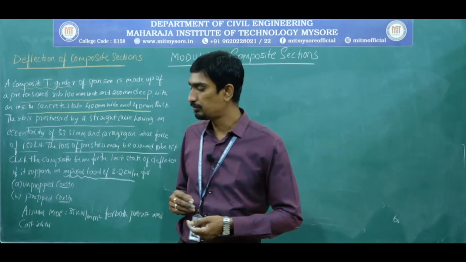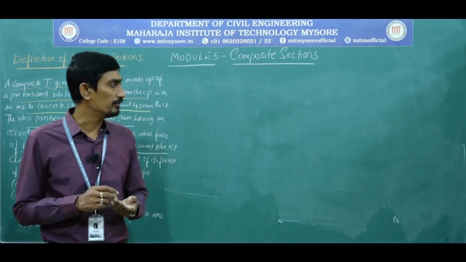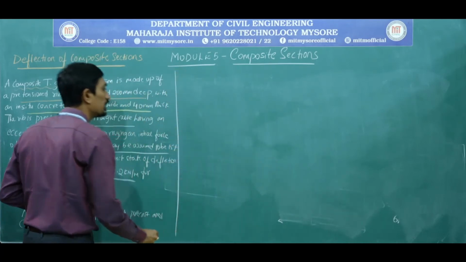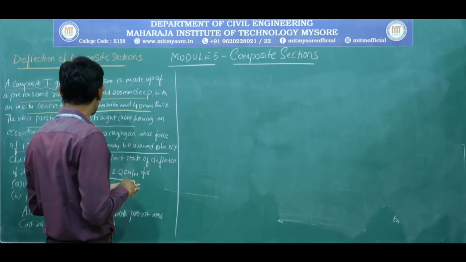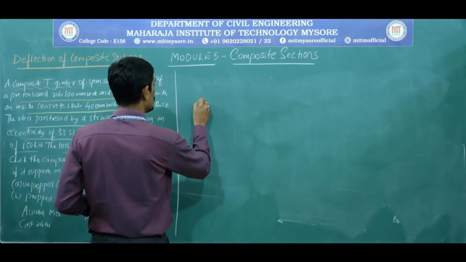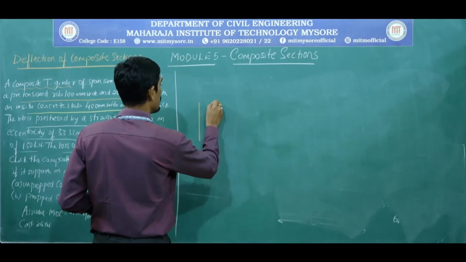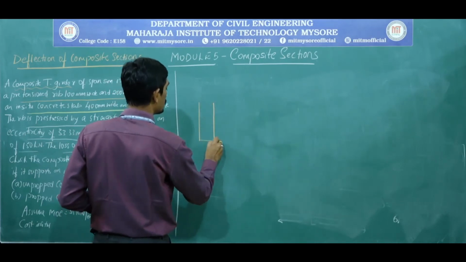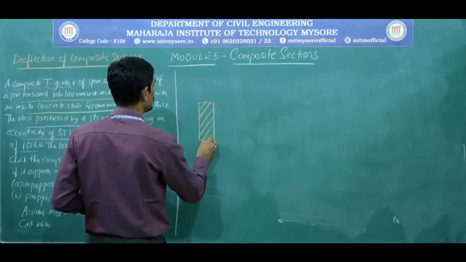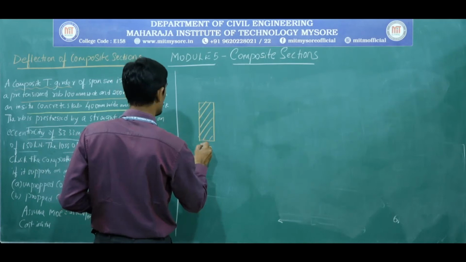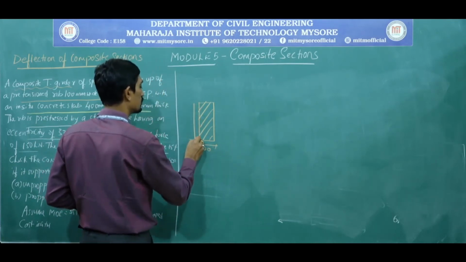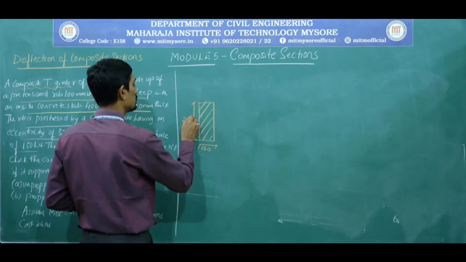So for this particular case, let me go ahead with the problem. Let me check whether this composite T girder is safe or not. First let me draw the diagram. It is a pre-tensioned section. This is of dimension 100 mm and this will be 200 mm.